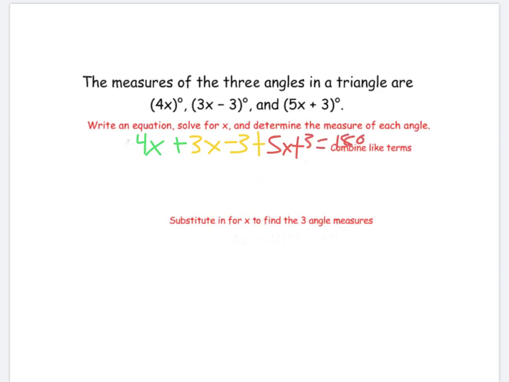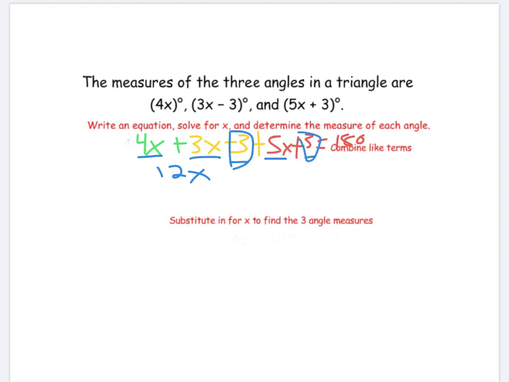180 degrees. So I can then solve it by combining like terms. My like terms are the terms with the same variables and the same exponents. So I can put together 4x, 3x, and 5x. 4x plus 3x is 7x, plus 5x is 12x. And then I can put together my regular numbers, which are 3 and negative 3.